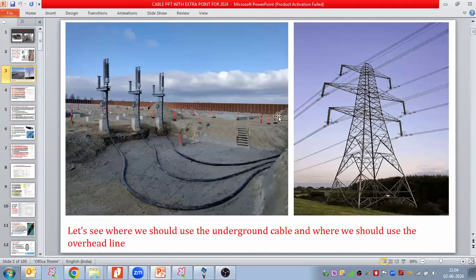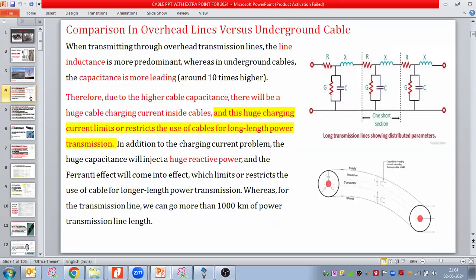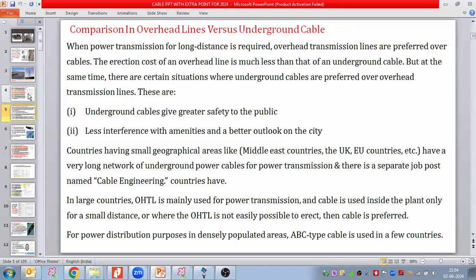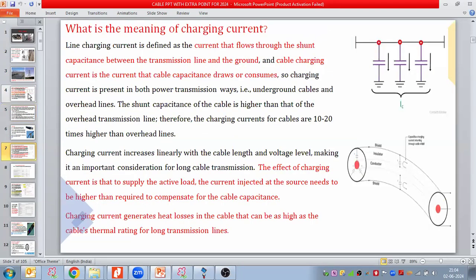After the comparison, we discussed the charging current: what is the concept of the charging current and why this charging current comes in the transmission line and in the cables, and why the charging current in the cable is approximately 10 times higher than in an equivalent transmission line of the same length.